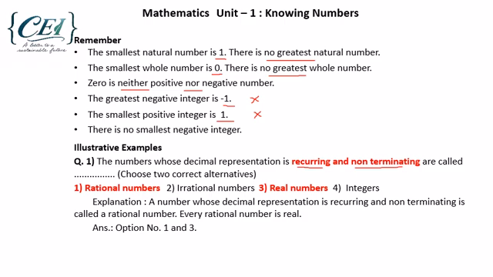If it is recurring, it means it is a rational number. Rational numbers are recurring, repeating. But in options they have given irrational, real and integer. So all the rational numbers are real numbers. So there are two answers.